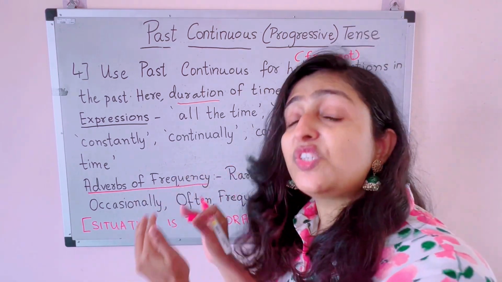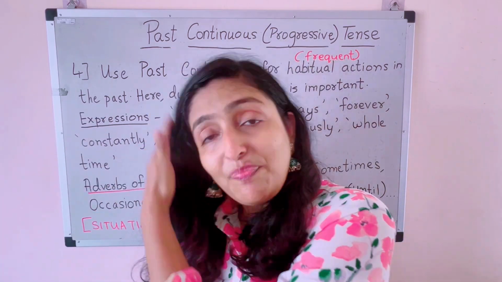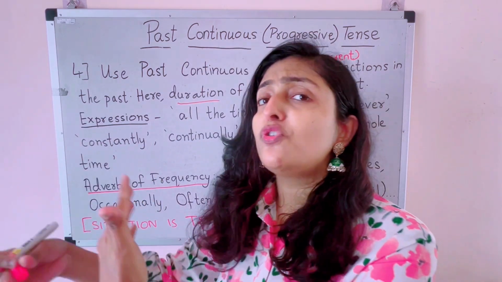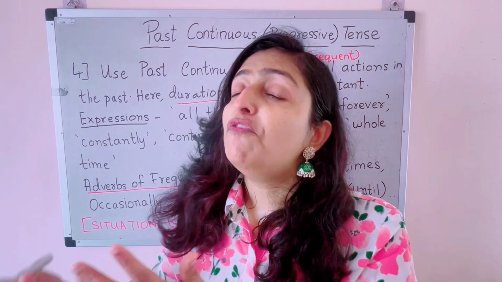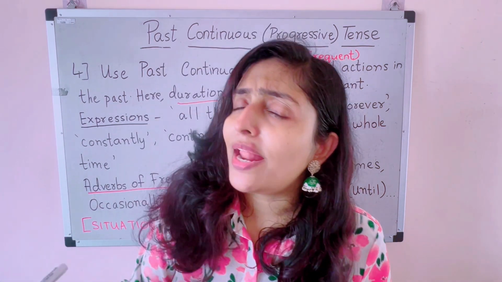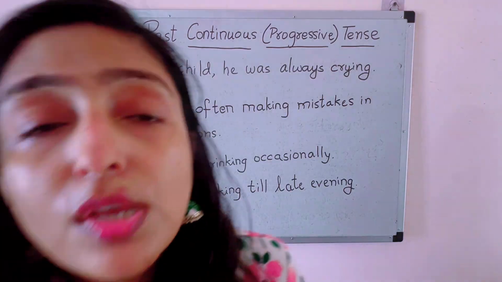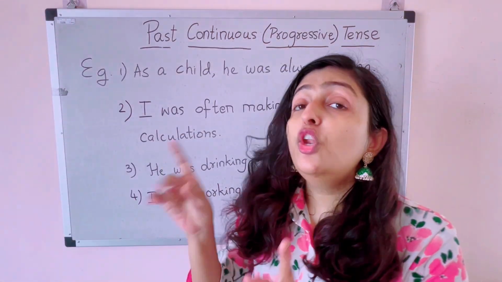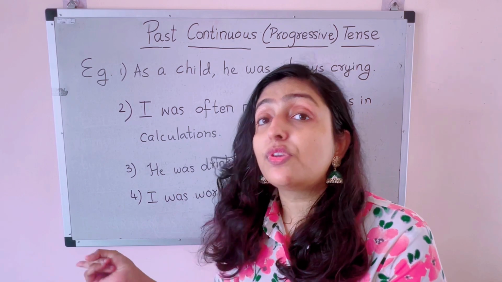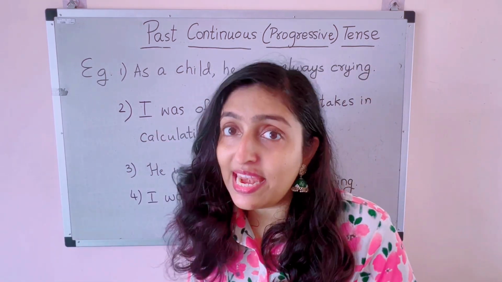And with these expressions of time that imply frequent or habitual actions in the past, we use past continuous tense. You'll understand it more when we solve the examples. So let's look at the examples related to the expressions we have just seen now.